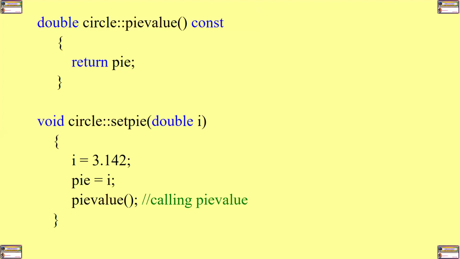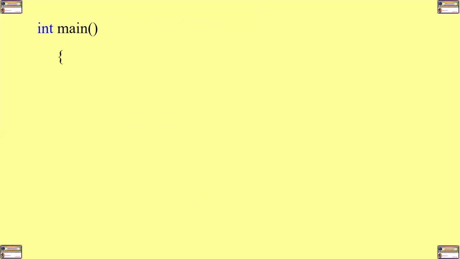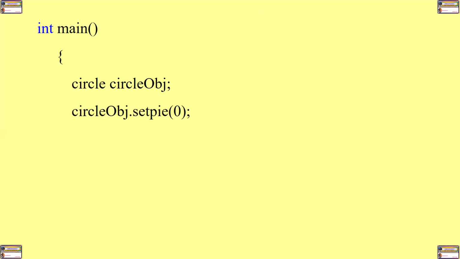The pi value function, as we have seen, is expected to return the value of pi. We then move on to the main function, where we are declaring an object to be used to manipulate the members of the class called circle, and the name of this instance is circle object.